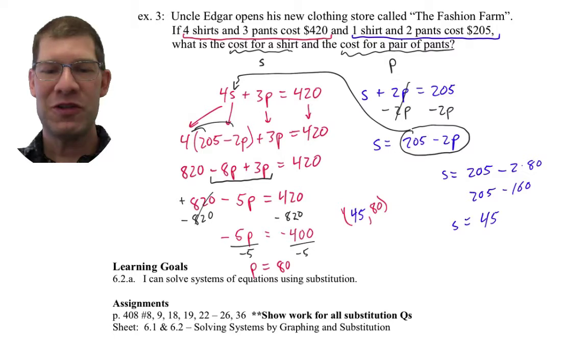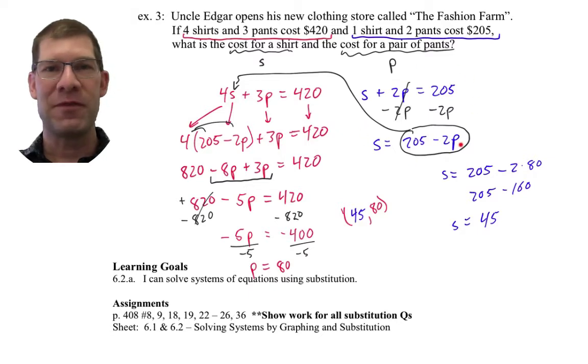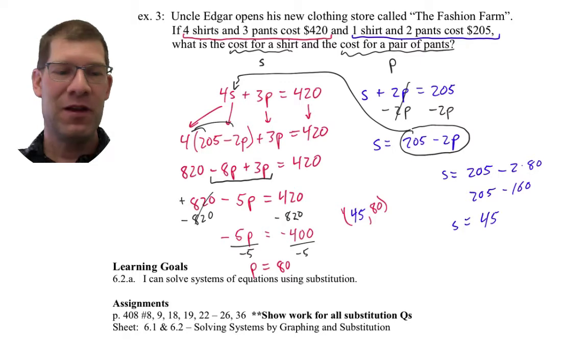And once we have that done, we just need to check our answer and we'll be good. So we found the 45 over here in this blue equation, which I'm making the assumption is the same as this one. So I just need to go back and check it in the other equation because we know that 45 is going to make 80 work in this equation. So we check it over here. I'll switch to black and say 4s.